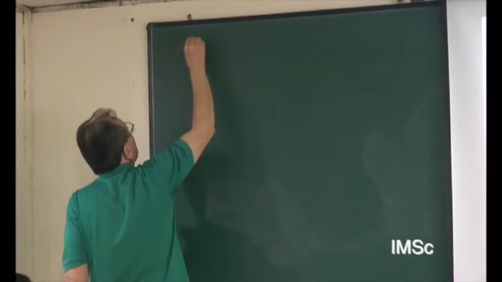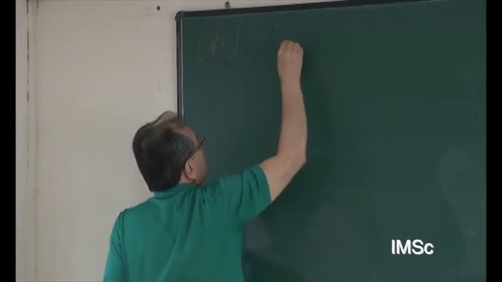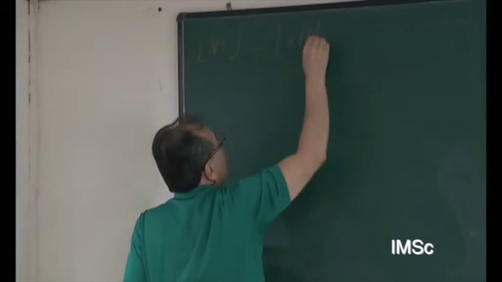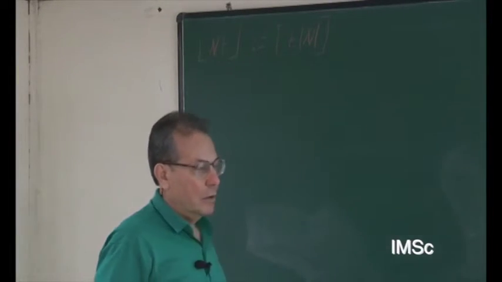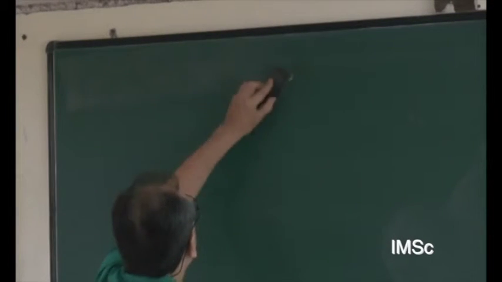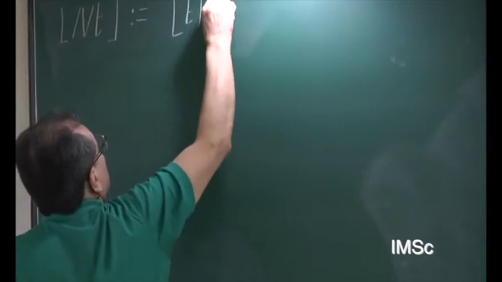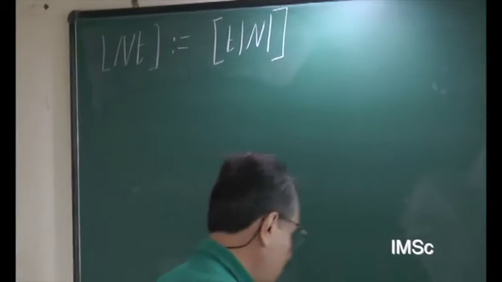This notation by definition means the integer part of t times the cardinality of n. So this is the notation we want to use.